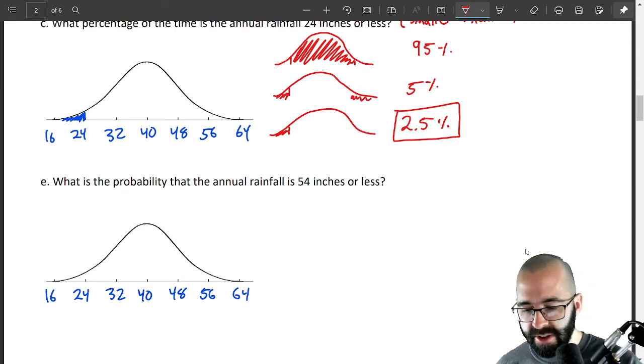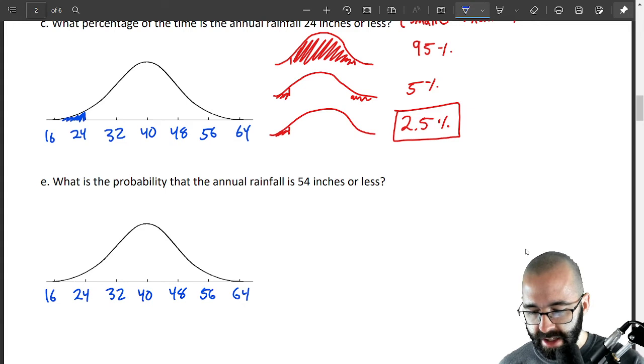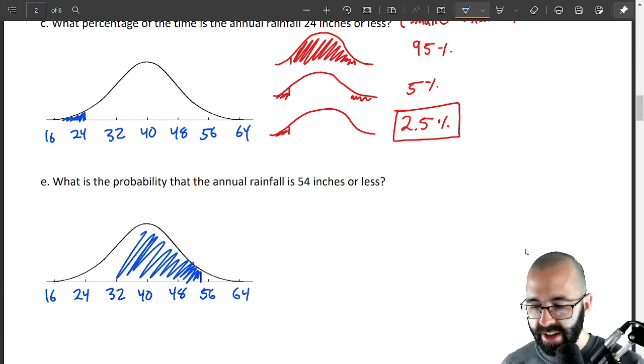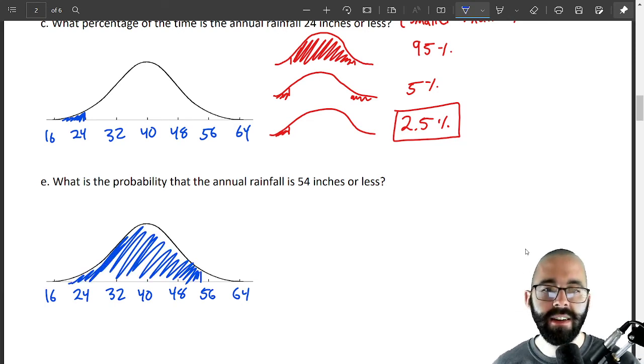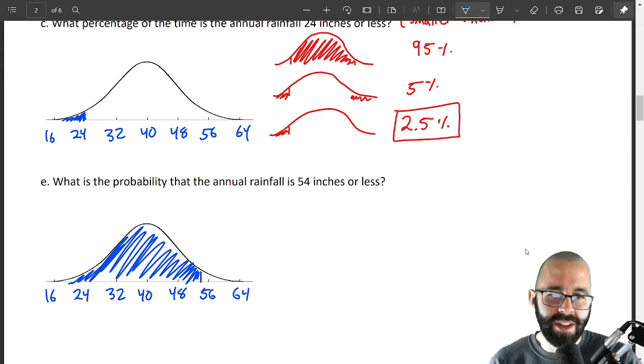What's the probability that it's 54 or less? I have no idea. 54, that's like here. Well, that has nothing to do with standard deviations, right? This is going to be a slightly smaller probability than less than 56.